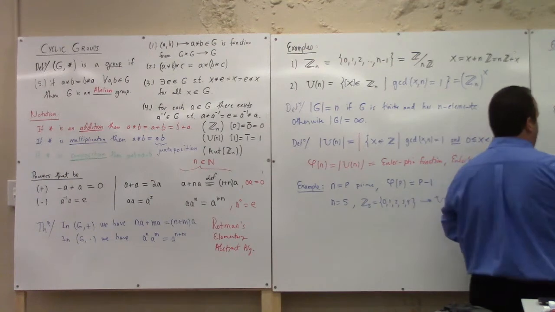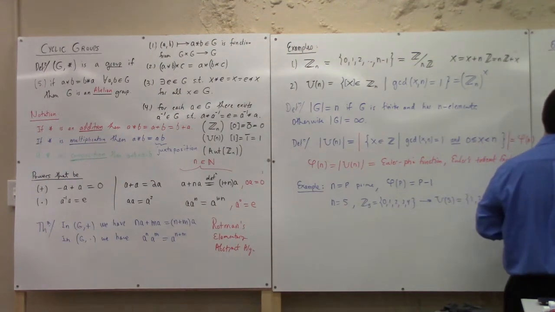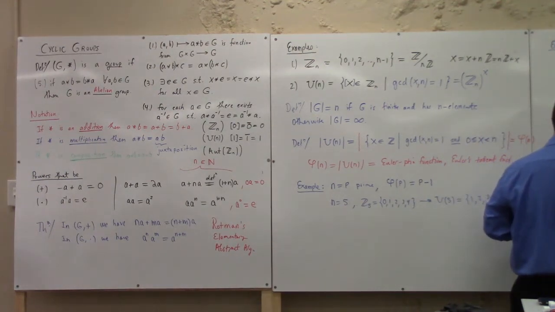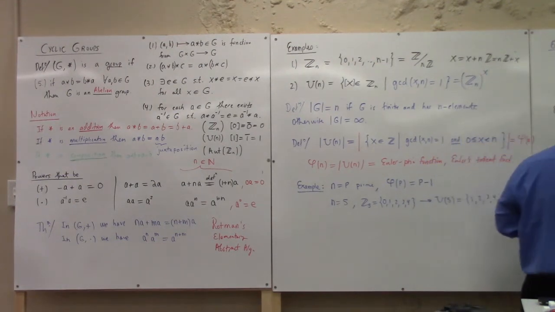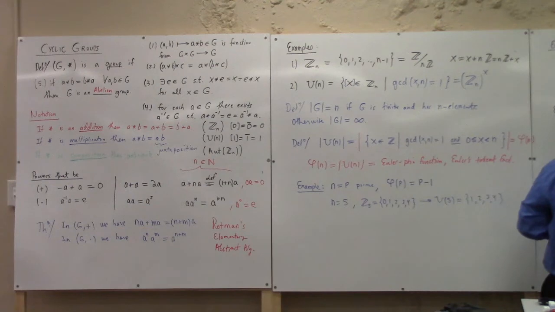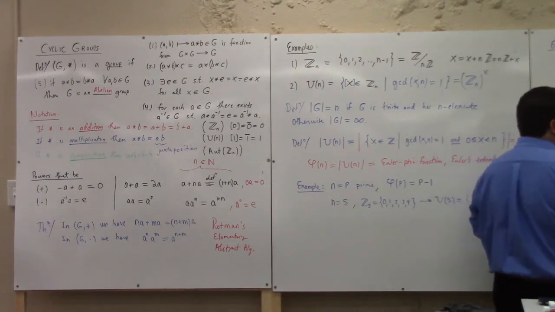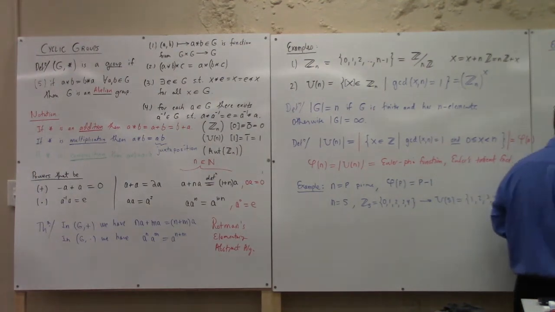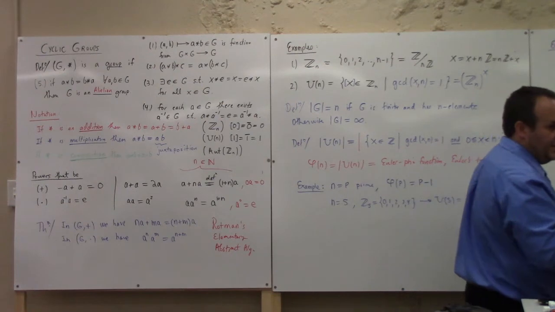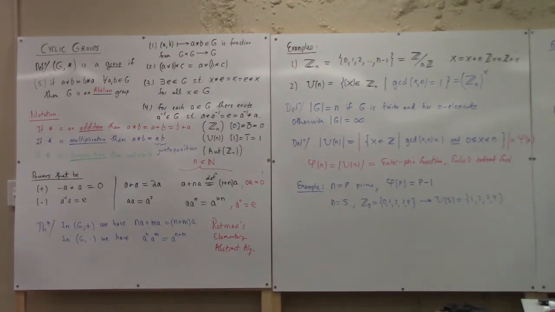Yep, 1. I would point out 1, 2, 3, 4. 5 is out. And then 6, 7, 8, 9. 10 is out. 11's in. Yep, 11, 12, 13, 14. 15 is out because it's got the common factor of 5. 16, 17.